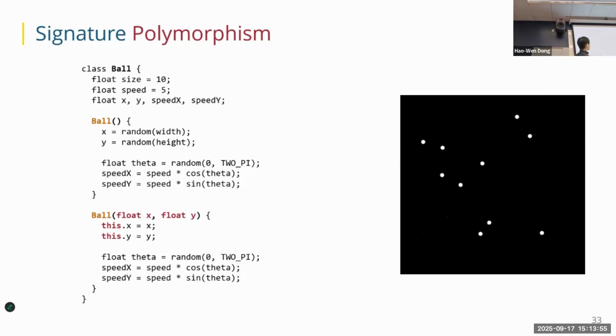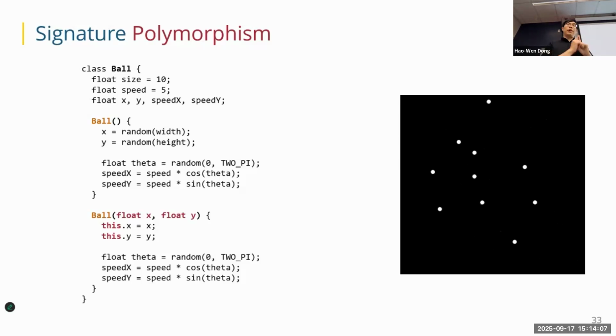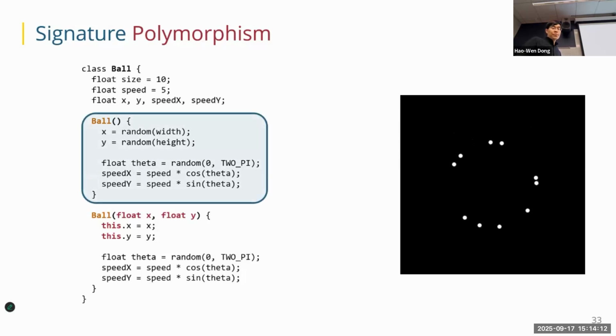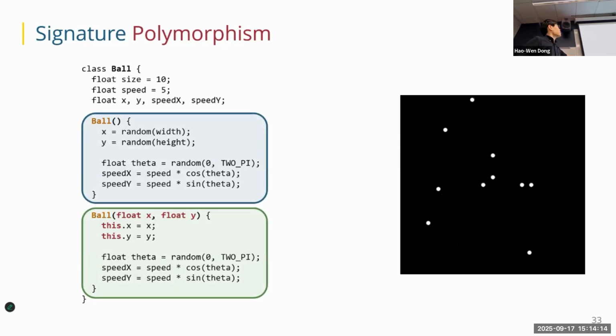You can provide different signatures to the constructor, and then you can specifically provide the initial starting point rather than having everything randomized. These are 2 different signatures that you can use for the constructor.